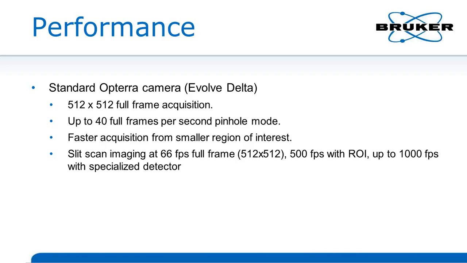In slit scanning mode, we can go up to 66 full frames per second at 512 by 512, and with a specialized detector such as an Evolve 128 camera, we can achieve speeds of up to 1,000 frames per second in slit scanning mode.